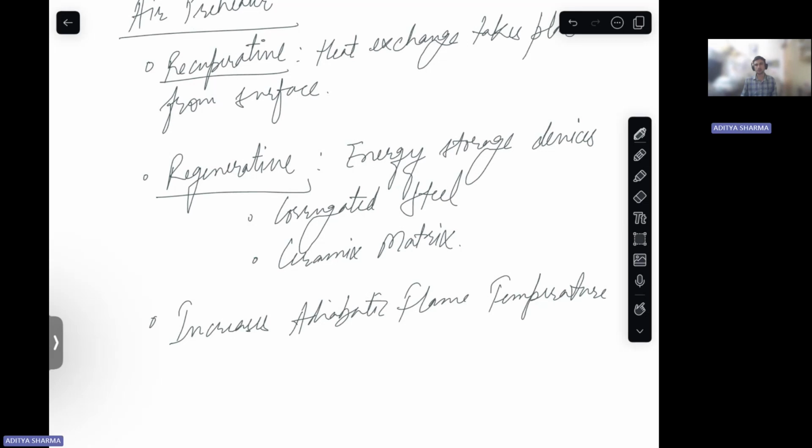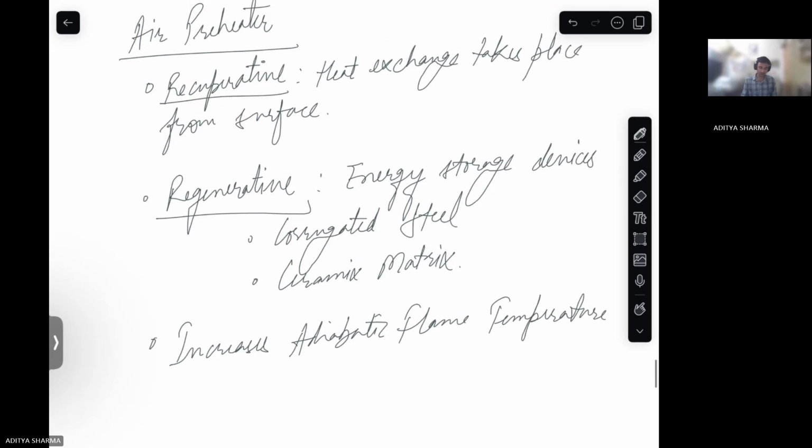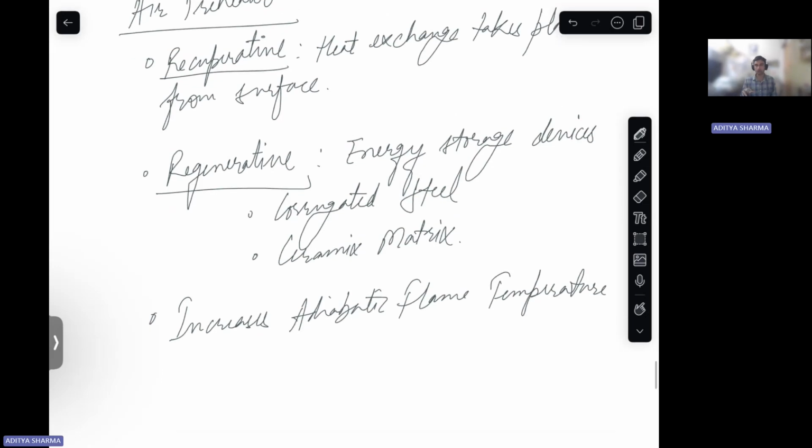Eventually, this improves the whole combustion process, which proves to be efficient for the system as a whole. So this is basically the function of your air preheater.